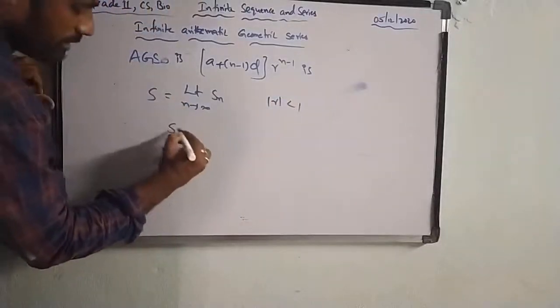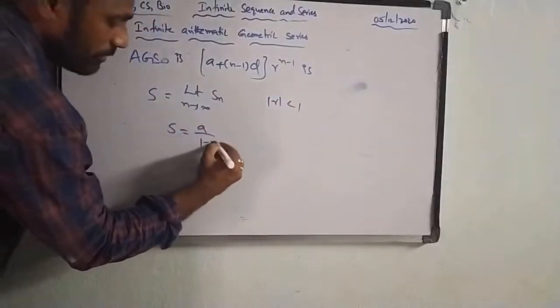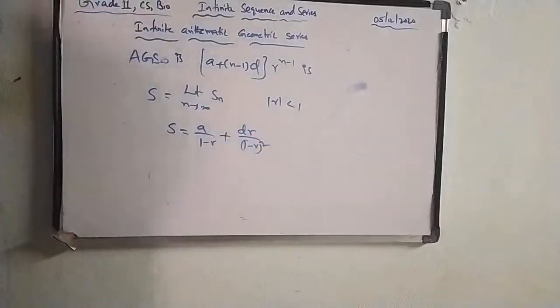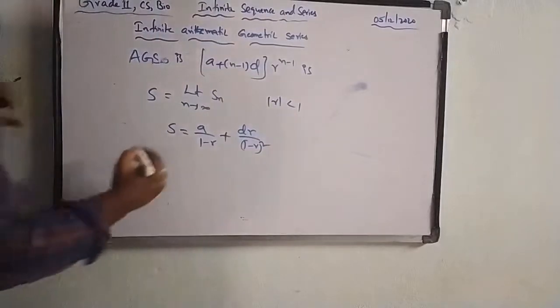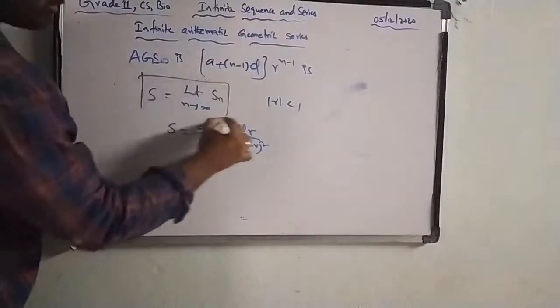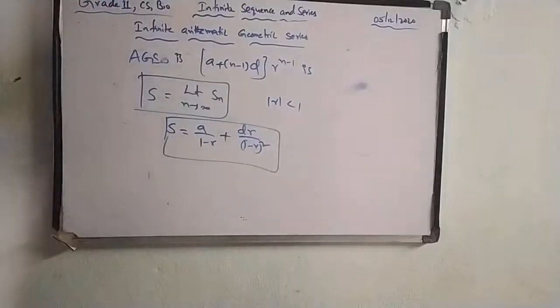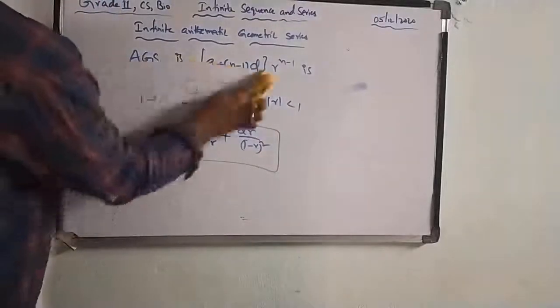That is, S equals a by (1 minus r) plus dr by (1 minus r) whole square. This is about the infinite arithmetic geometric series.